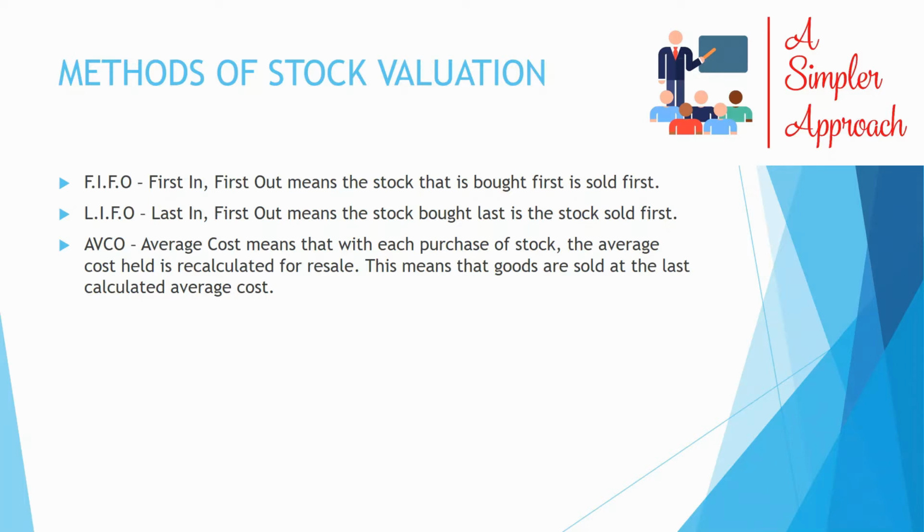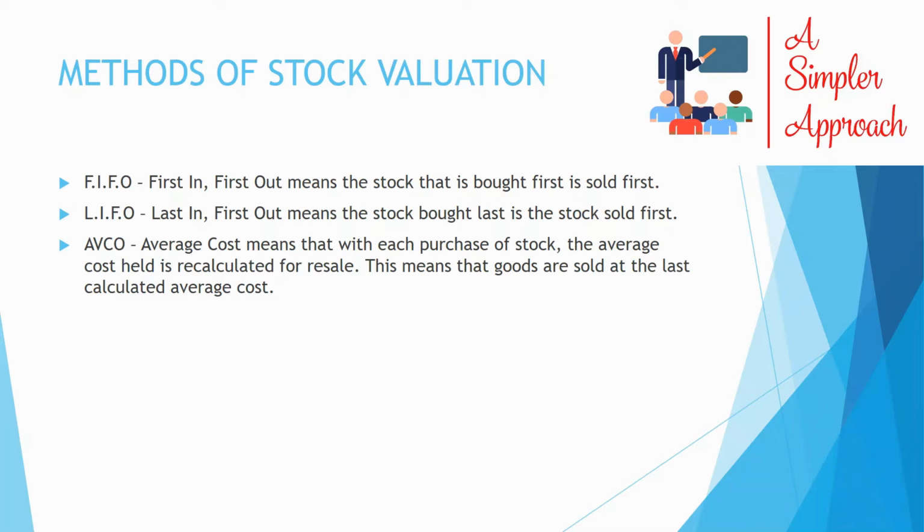The first set of stock that you bought is the first set of stock that you sell. LIFO, last in, first out. That means the last set of goods to come in is the first set of goods to go out. The last set you bought is the first set you sell.